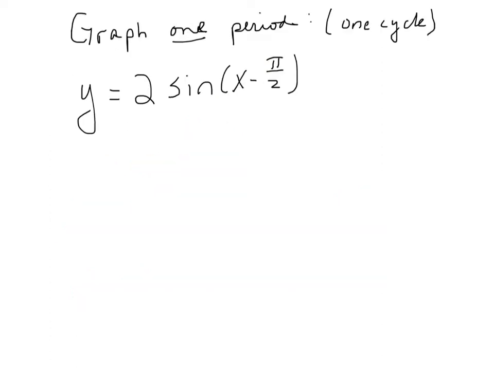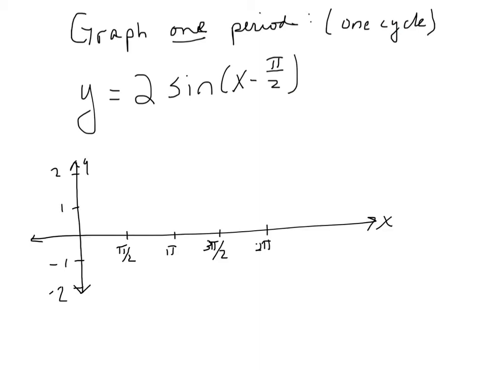Okay, so here I have a function, y equals twice the sine of x minus pi over 2. I'm asking you to graph one period of this graph, or one complete cycle. And so it's actually easier to graph a period than it is to graph over an interval. And let me just show you exactly how we set it up. On this particular graph, my amplitude is 2. And so it's going to peak and valley at 2 and negative 2. My frequency is 1.